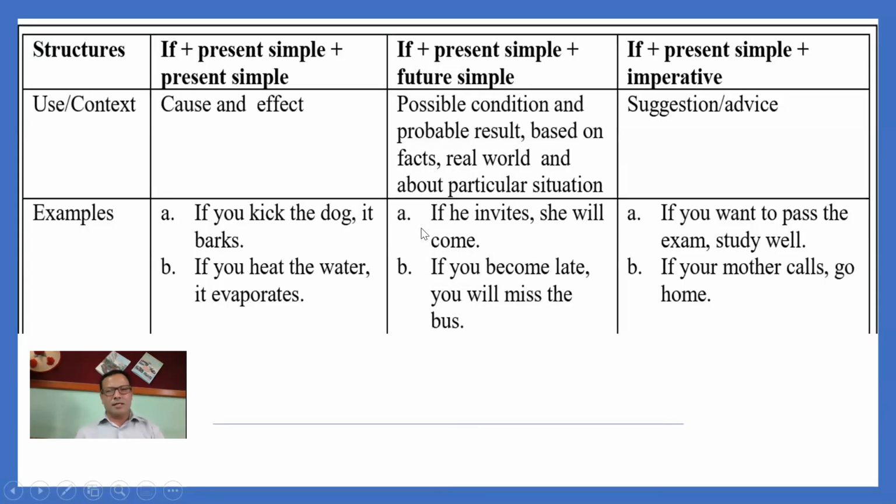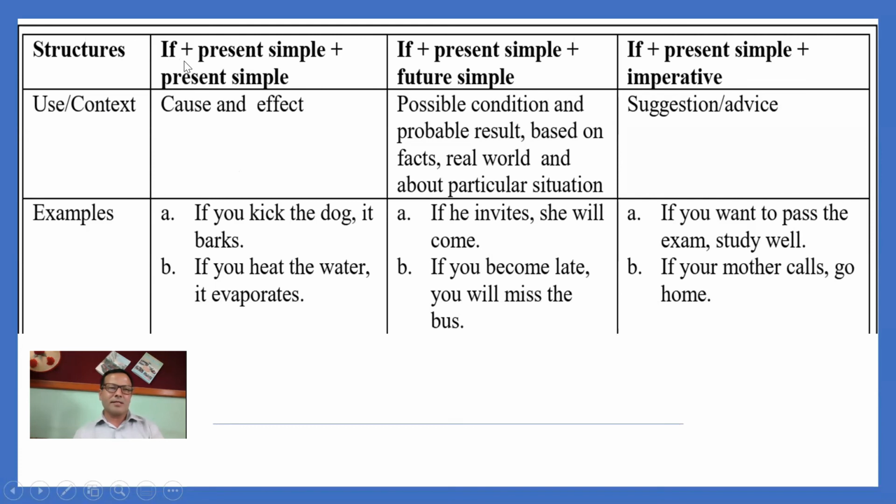Just see the summary of the class today. Here in this slide, I've tried to show you the summary of these structures that we learned so far: the structure, use and context.